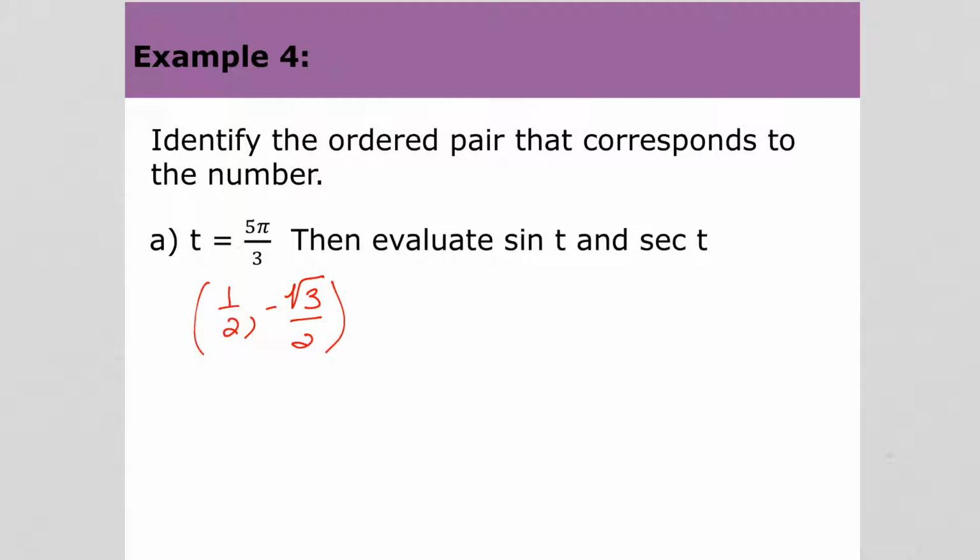And then it tells us to find sine of t, which is 5 pi over 3, and find secant of 5 pi over 3. And we'll do that just like we have before. Sine is the y value, and the y value at this point is negative root 3 over 2.